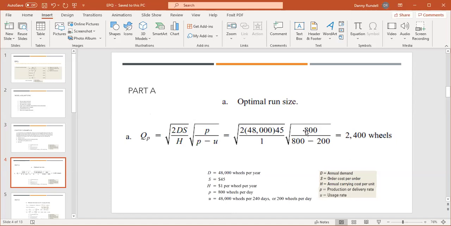And again, over here, you want to do this subtraction on the bottom first, do this division, find that square root, and multiply the two numbers together. You'll get that number. So that is your quantity of production.